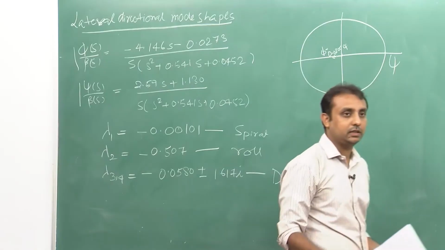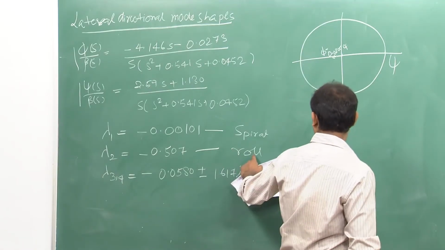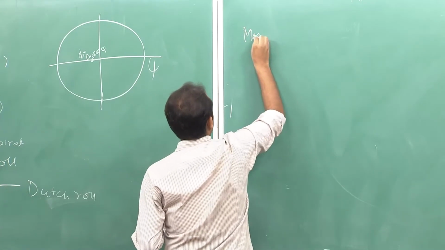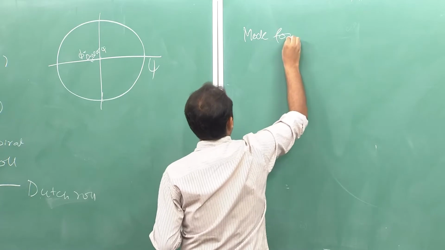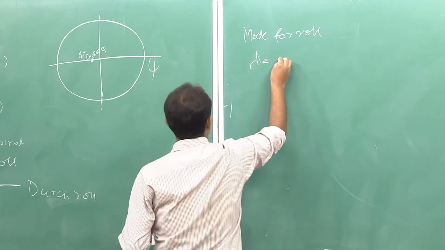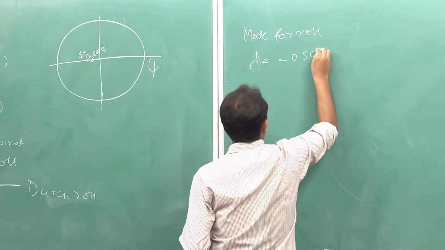Now the second analysis will be for roll mode. So mode shape for roll. The root was given by minus 0.507.